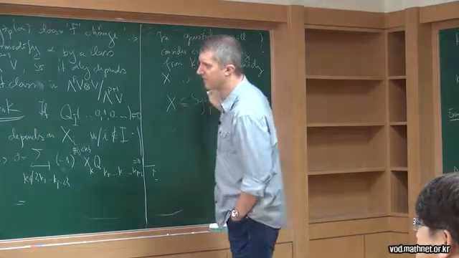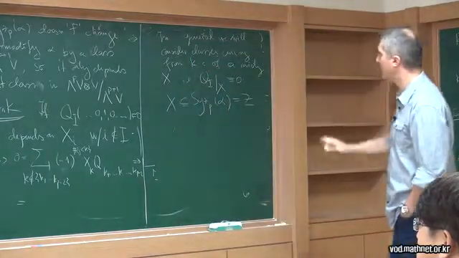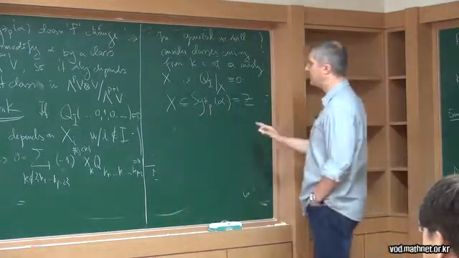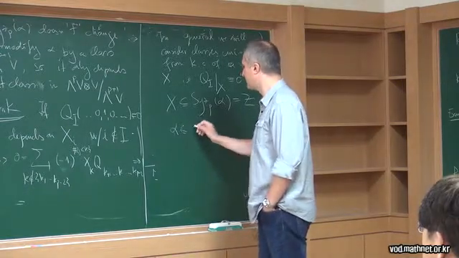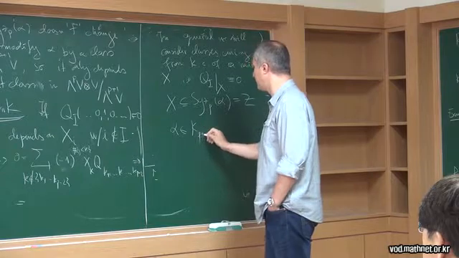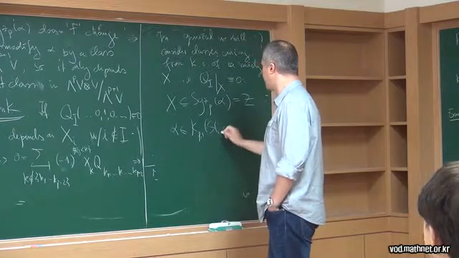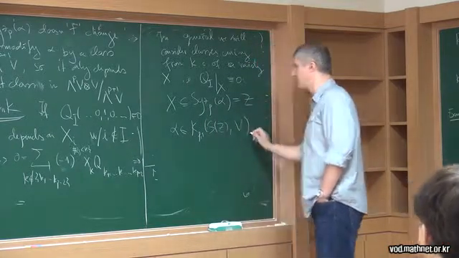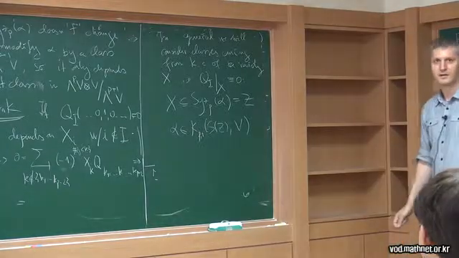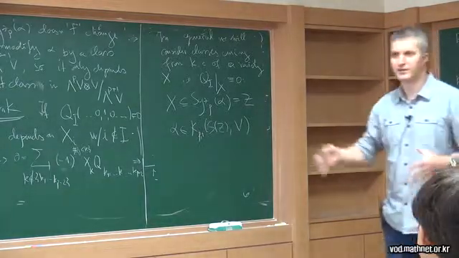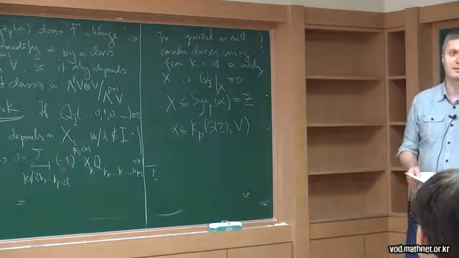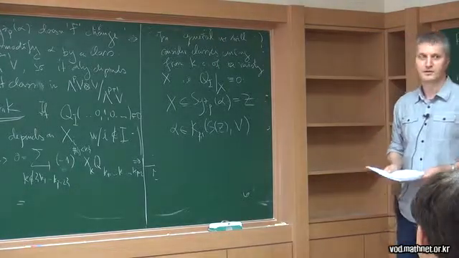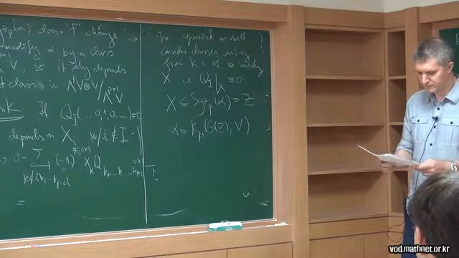I said syzygy variety, but it's actually a scheme for the moment. So if we call this Z, then alpha will give a class in K_{p,1} of Z and V. And that's somehow the largest scheme for which alpha defines a Koszul class.